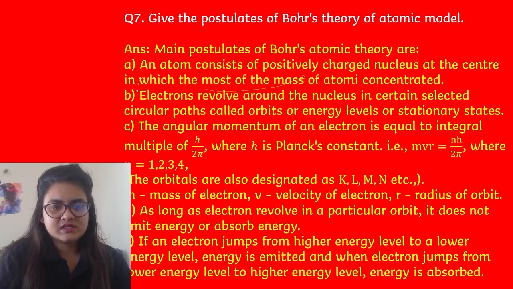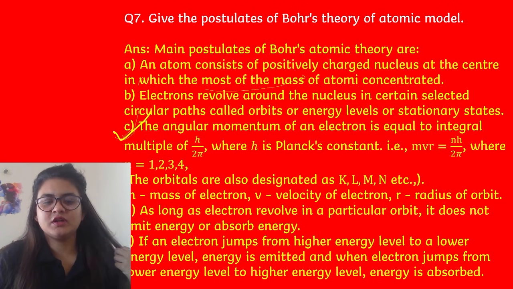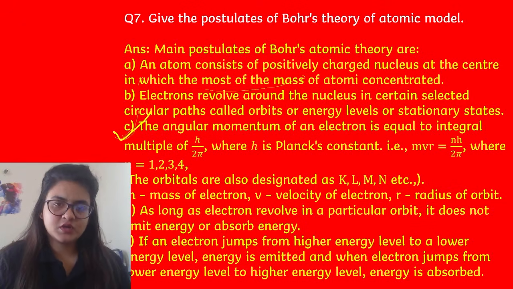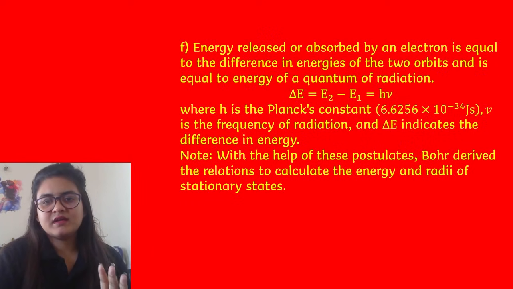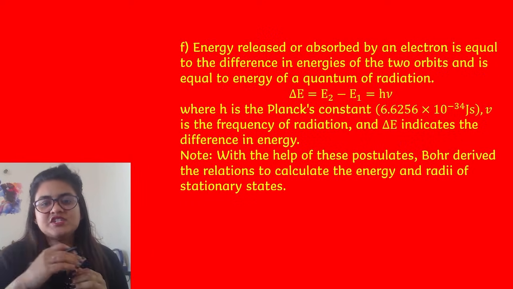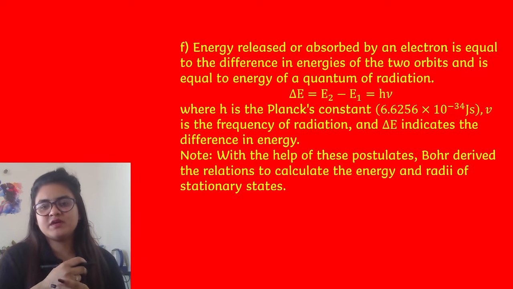This particular point is very important. Electrons will neither gain nor lose any energy when they rotate in a particular orbit, but when they jump from a lower energy state to a higher energy state, they can accept energy. And the energy released or absorbed by the electron equals the energy gap between 2 successive orbits. These points you can mention.